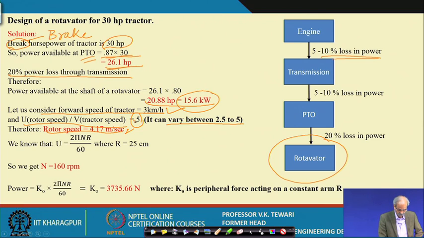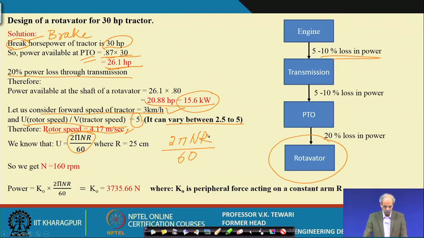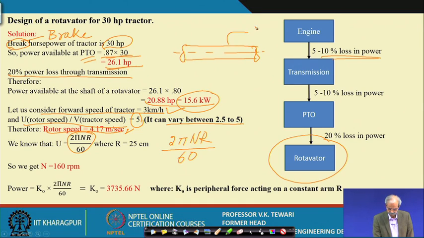Then we know that, in fact this should be pi here, if I write this as 2 pi n r by 60, where r is the radius of the shaft, this is the radius over here.